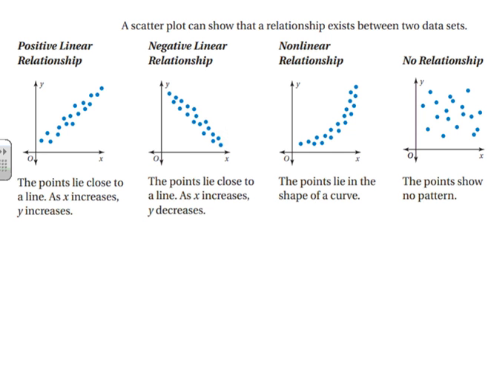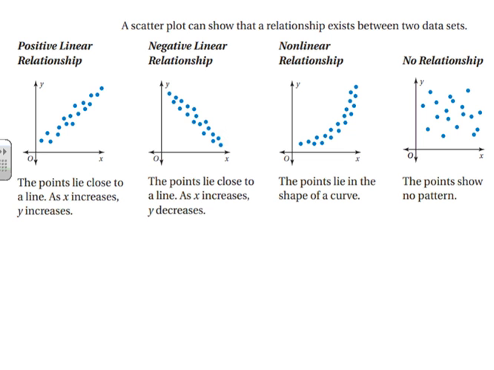So maybe something like if the weather outside gets warmer, there might be more ice cream that's sold on a particular day. Okay, a negative linear relationship means if x gets bigger, y is going to get smaller. So if we're still sticking with temperature, maybe that could be something like as it gets warmer outside, there might be less hot chocolate sold.